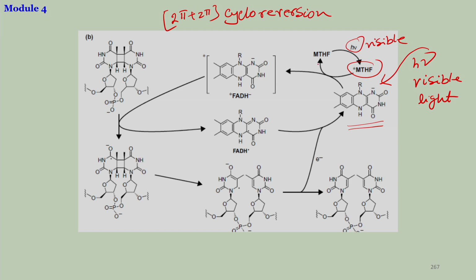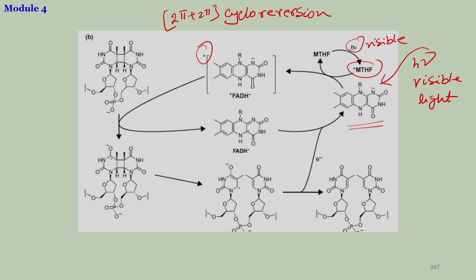That funnels the energy to FAD, because if FAD has to transfer an electron, it needs to be reduced to FADH minus. One negative charge has to be created here, then only it can inject the electron, and it has to go to the excited state. That is why you need the light. Radiation makes the electron jump to the excited state.